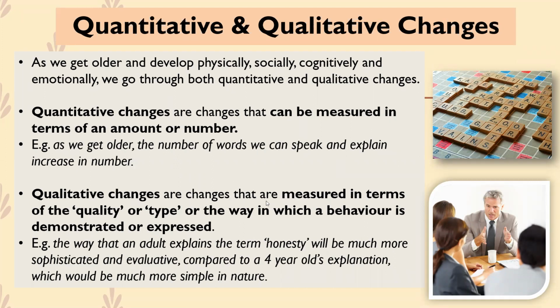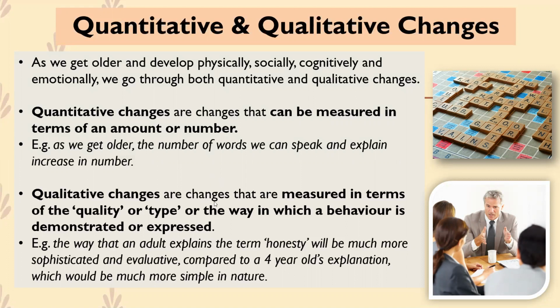Qualitative changes are changes that are measured in terms of the quality or the type of way in which the behavior is expressed. So in other words, if I ask a 5-year-old to describe the concept of happiness, that 5-year-old might describe it as, oh, happiness is about having all the money in the world, being able to buy all the Barbies or whatever kids play with these days, I want, okay?